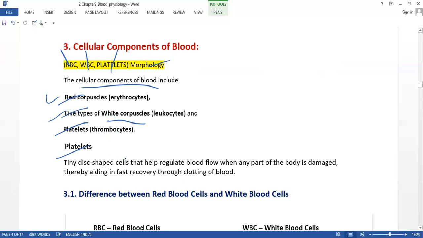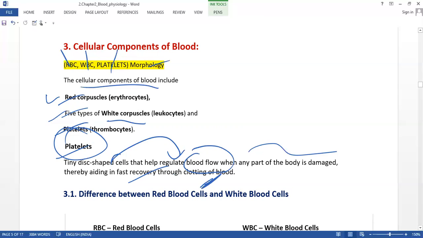In shape, they are like tiny disc-shaped cells. They help in the regulation of blood flow when any part of the body is damaged, thereby aiding very fast recovery, which we can see because of the clotting of the blood through the platelets.